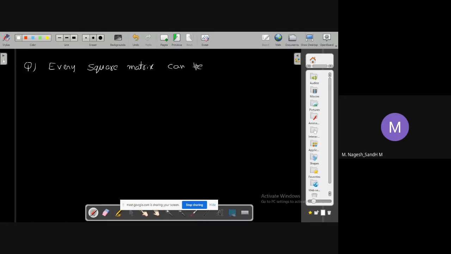This is a very good result. I like this result. Every square matrix can be uniquely expressed as a sum of symmetric and skew symmetric matrices.